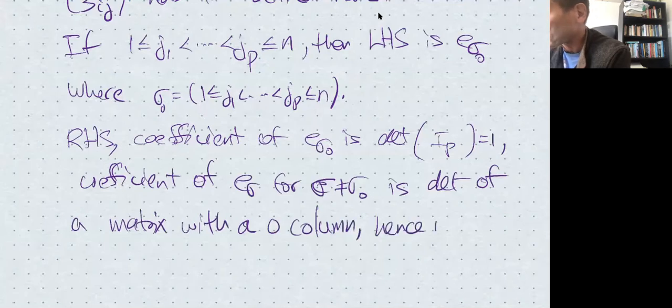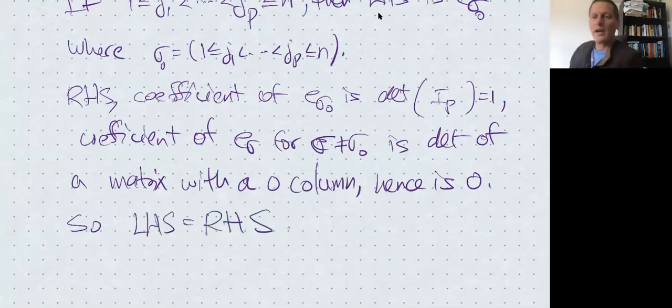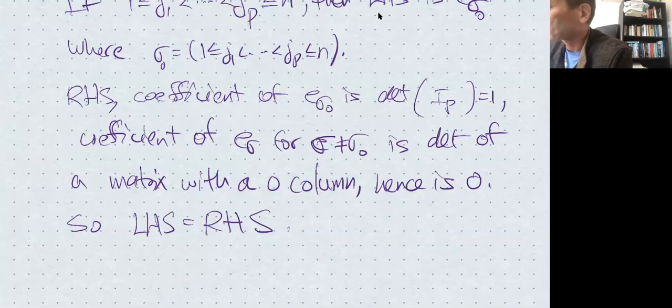So in all cases, the left-hand side is equal to the right-hand side, and this completes the proof of the proposition.